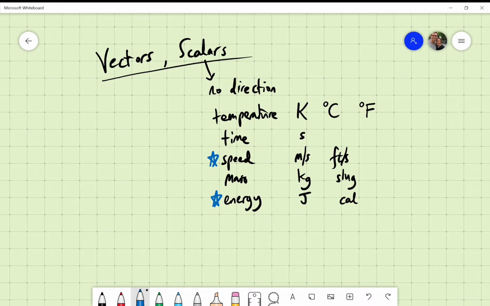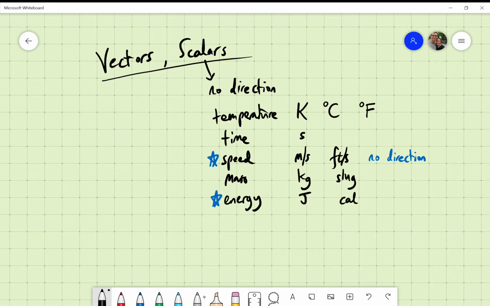And the answer is no. When we use the word speed in physics, we're talking about just your rate of travel, like 100 miles per hour, 25 meters per second, whatever it is, but without the direction information attached. That's what the word speed actually means. So watch out for that one. When you don't attach a direction to how fast you're going, it is called speed.